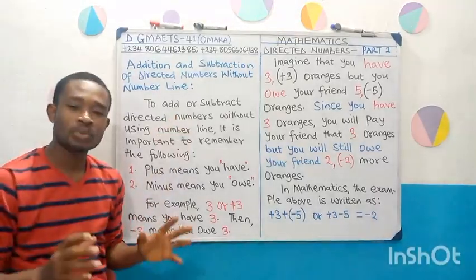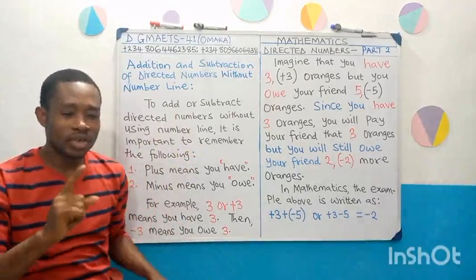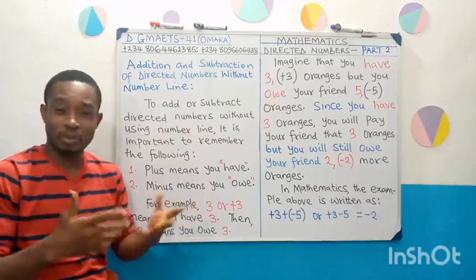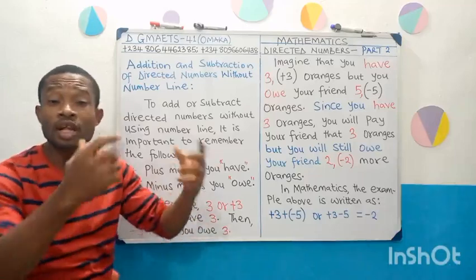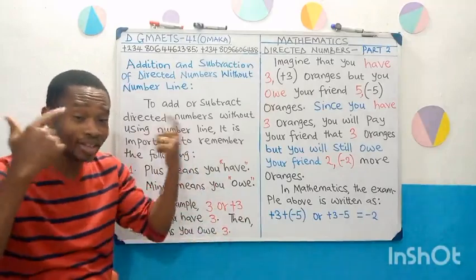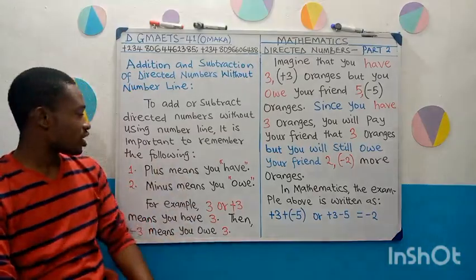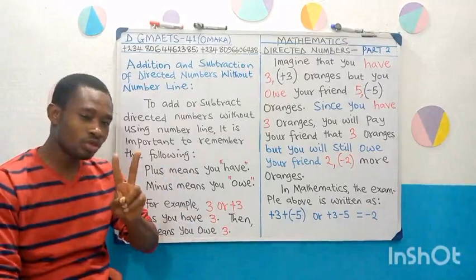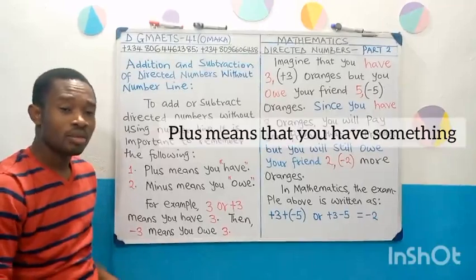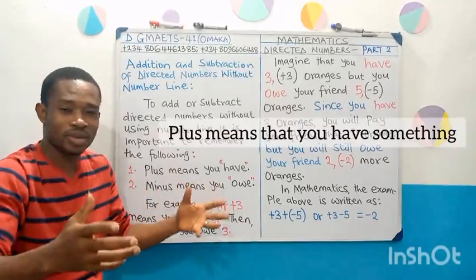To add or subtract directed numbers without using number line, there is this thing that you should remember. Although it's like a play, we learn a lot of things from just playing, plays that can add something to our knowledge. So these are the things we should remember. Two main points. One of them is that plus means that you have something with you.